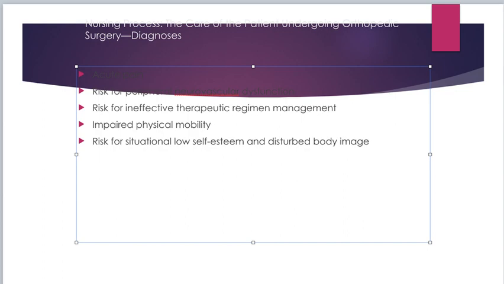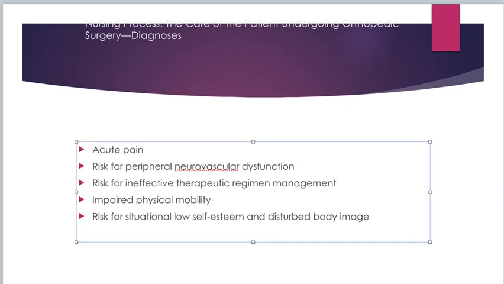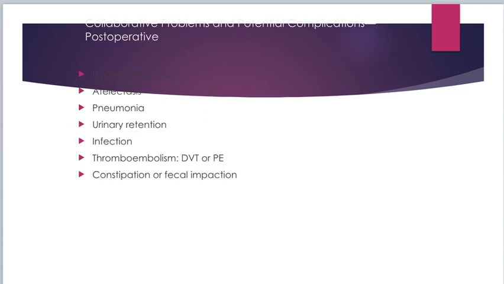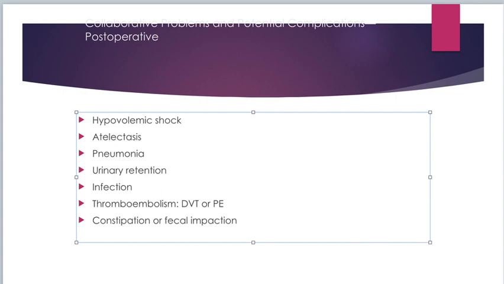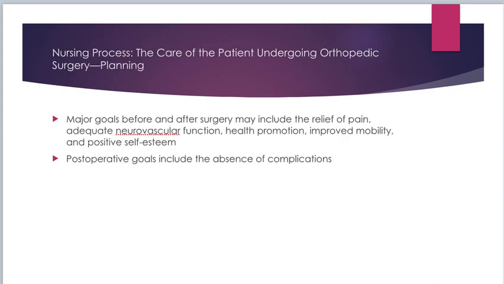Then we've got, what are the nursing diagnoses? These are the pertinent nursing diagnoses. What are all the complications that we want to have in the front of our mind? Hypovolemic shock, atelectasis leading to pneumonia, urinary retention, etc., etc. Then we've got major goals before and after surgery.